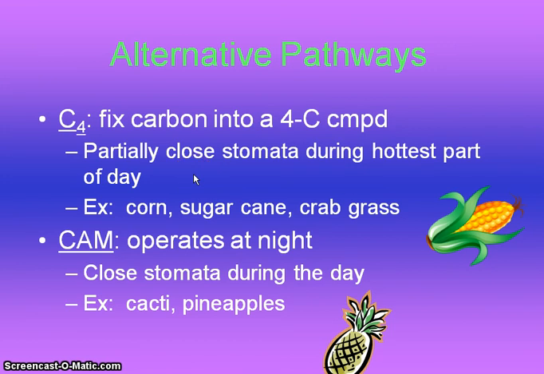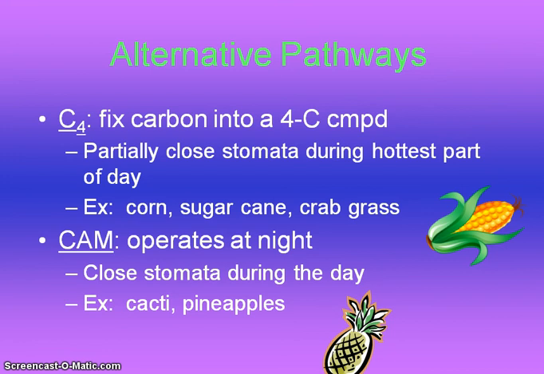Plants that use this generally will partially close their stomata during the hottest part of the day, and that will help to decrease some of their water loss. Some plants that fix their carbon this way are corn, sugarcane, crabgrass, and some other types of weeds. And then CAM plants are going to be in even hotter, drier climates than the C4 plants, and they will operate at night.